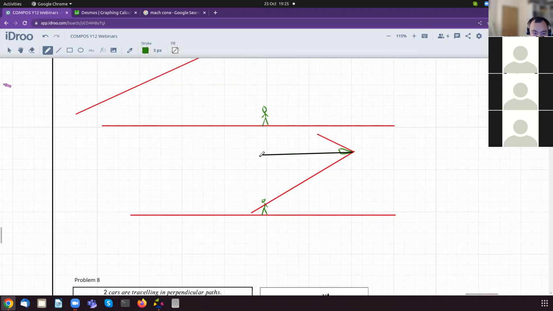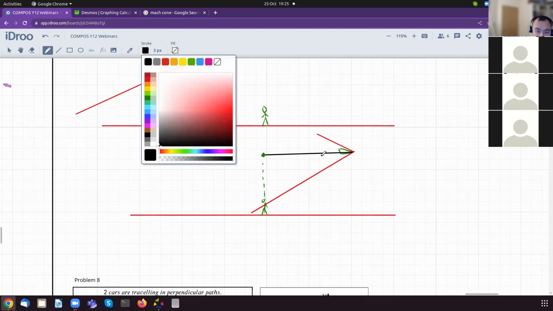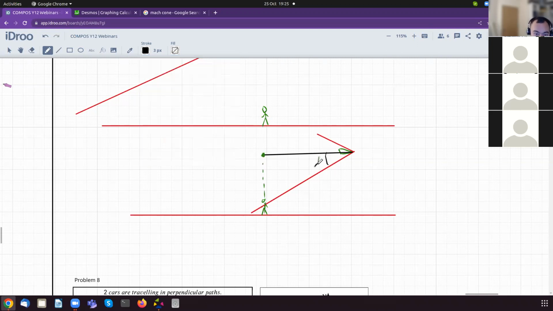Now, this is the point directly above your head, and let's say this angle is alpha, which you'll need to find.